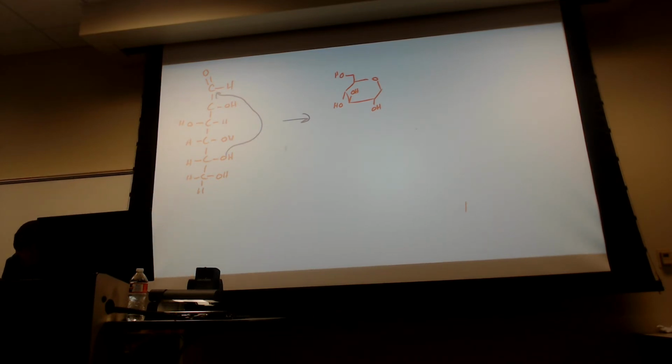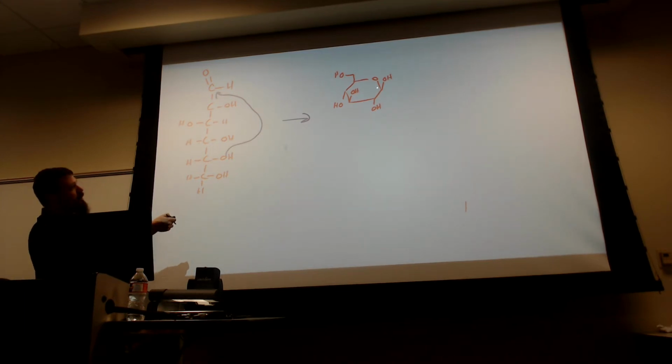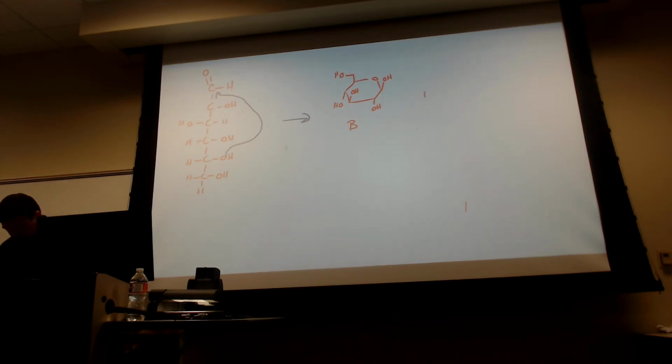If the hydroxyl is on the same side as carbon 6, we call this the beta form. If it goes down on the other side, we call it the alpha form.